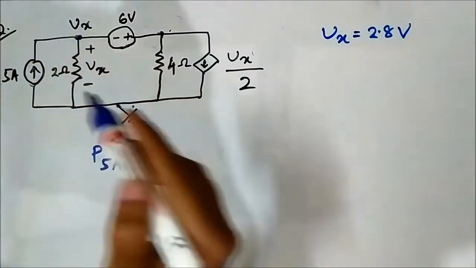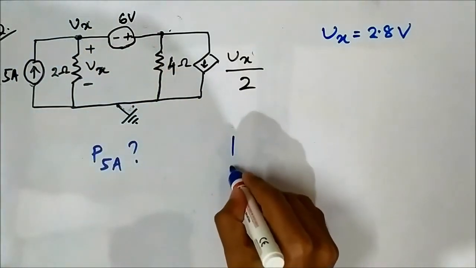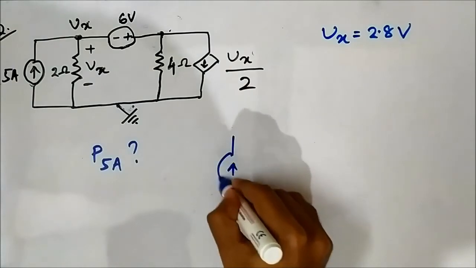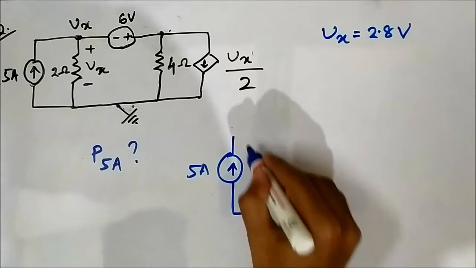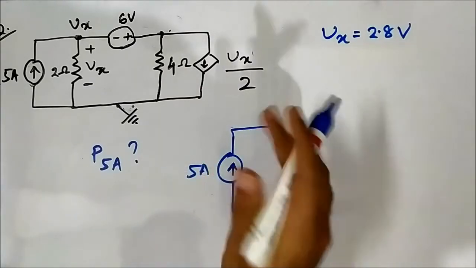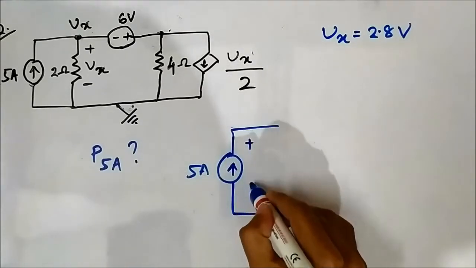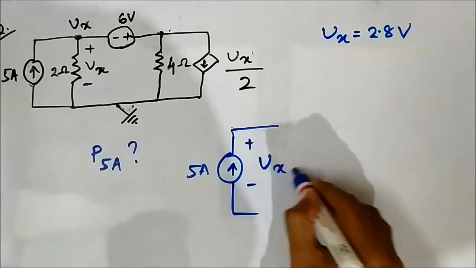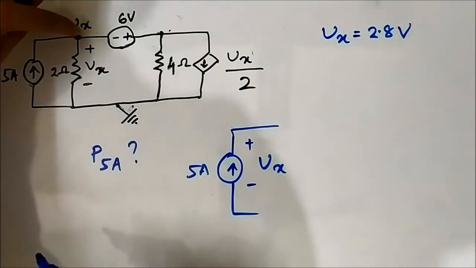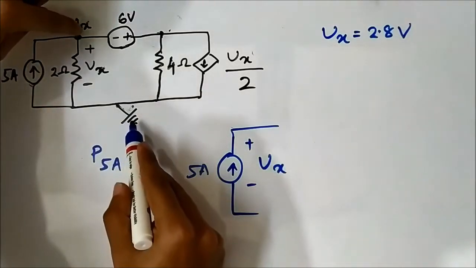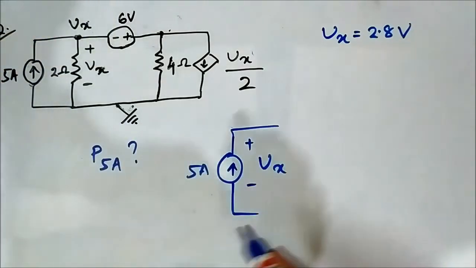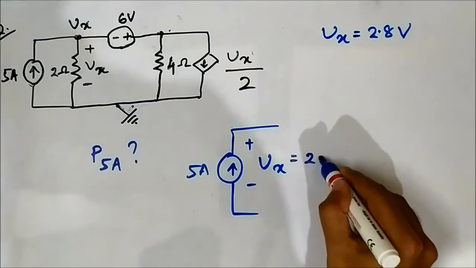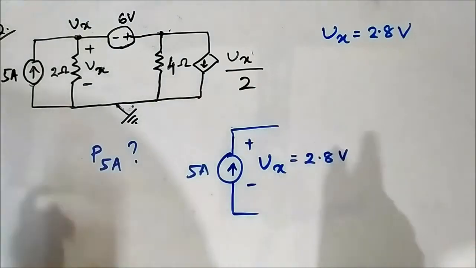It also means that the potential across this 5 ampere independent current source is also equal to Vx, between this point and ground, which is equal to 2.8 volt.